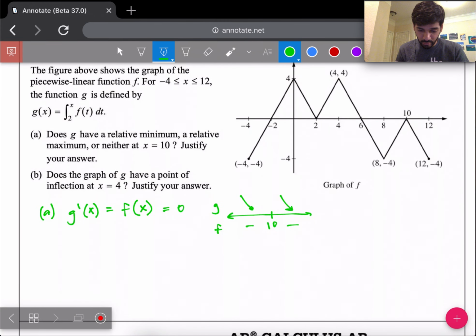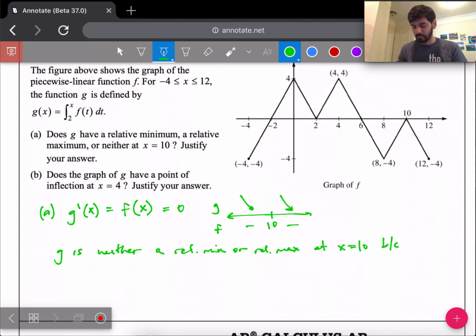So I'll say g is neither a relative min or relative max at x equals 10 because f of x, which was equal to g prime of x, does not change sign.